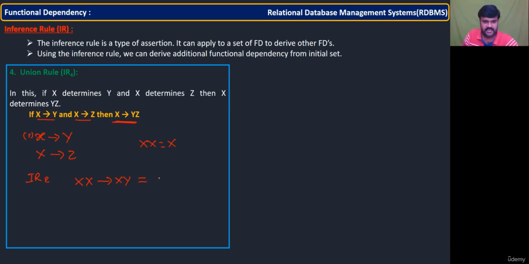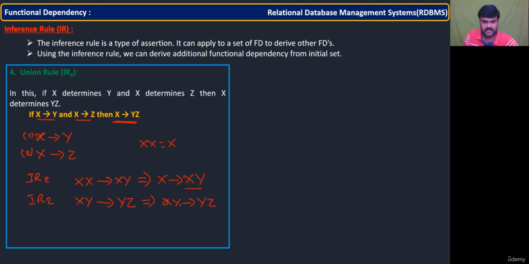For the second one, we do the same thing by adding Y on both sides, so XY determines YZ.